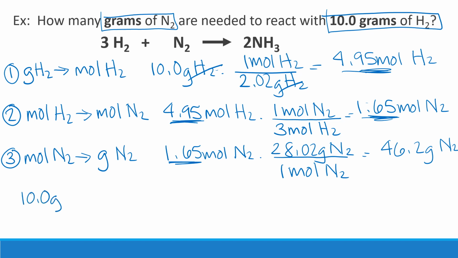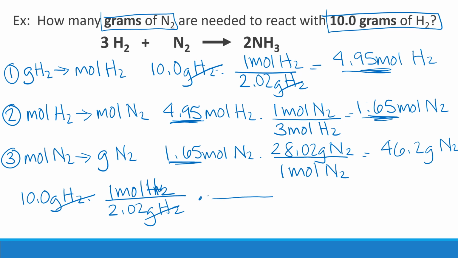I'd still start with my given, my 10.0 grams of H2, and then convert that to moles. 1 mole of H2 is 2.02 grams. Cancels out grams of H2. Then the mole ratio can go right in. 1 mole of N2 for every 3 moles of H2.